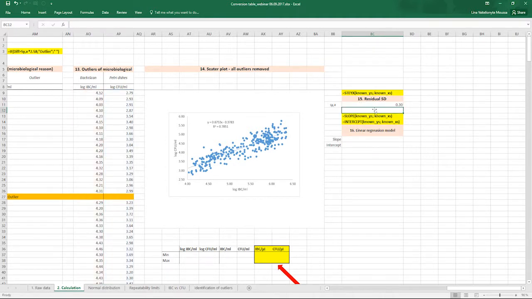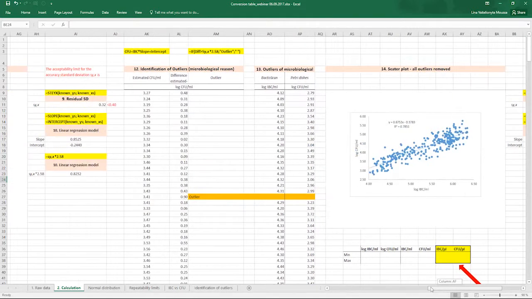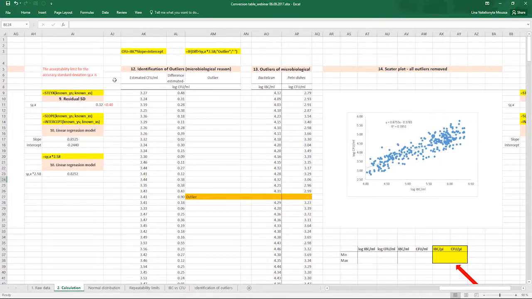And again we have very nice standard deviation, which is below 0.40, and before we had 0.32.